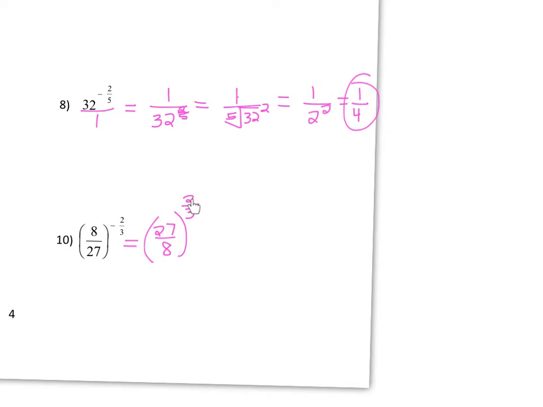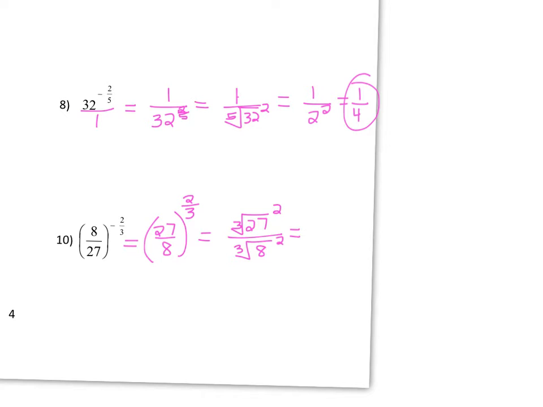Now, again, if we say power over root, this would be the cubed root of 27 to the second power, starting with the numerator. And same thing with the denominator. If we take this 2/3 and make it an exponent on the 8, it's going to be the cube root of 8 to the second power.